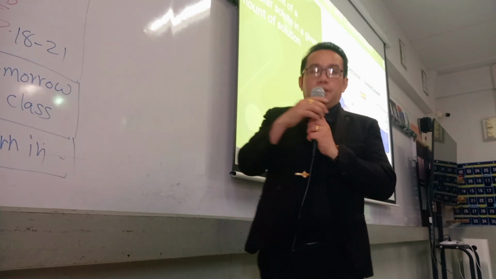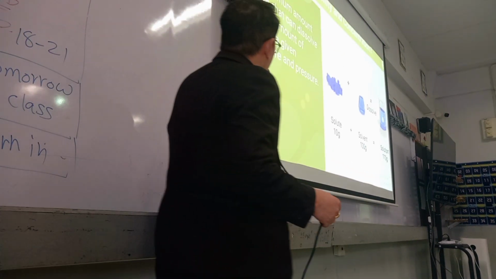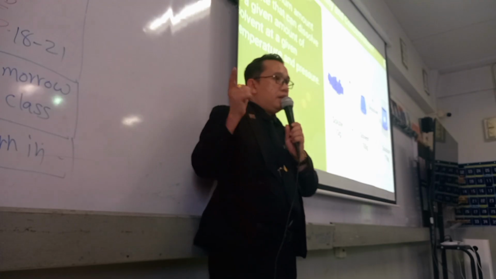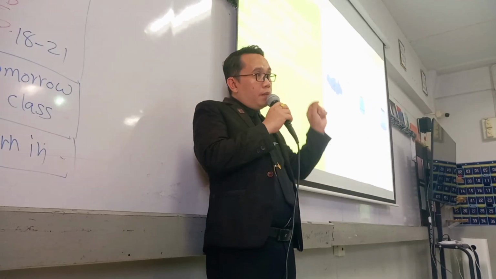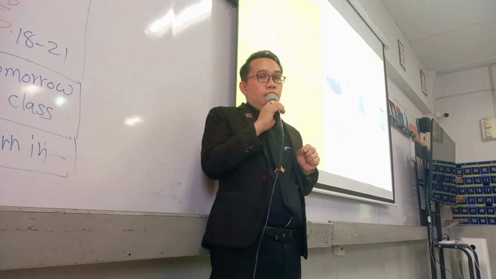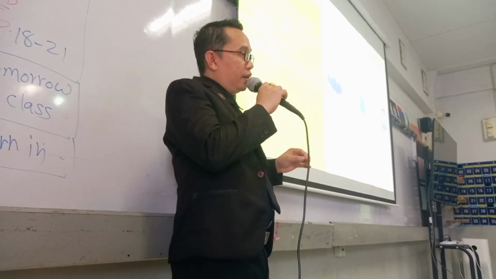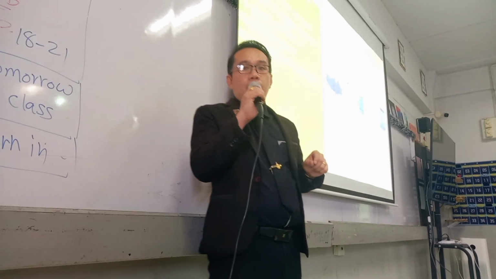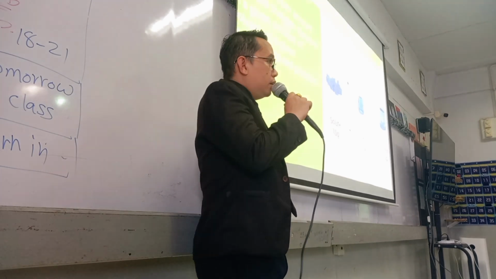Now let's proceed. How about solubility? Solubility is a maximum amount. What do you mean by maximum? The highest level of the amount of solute that can dissolve in a given amount of solvent at a given temperature and pressure.